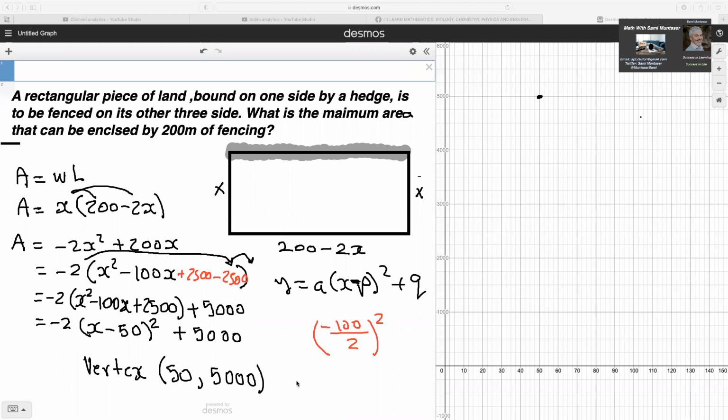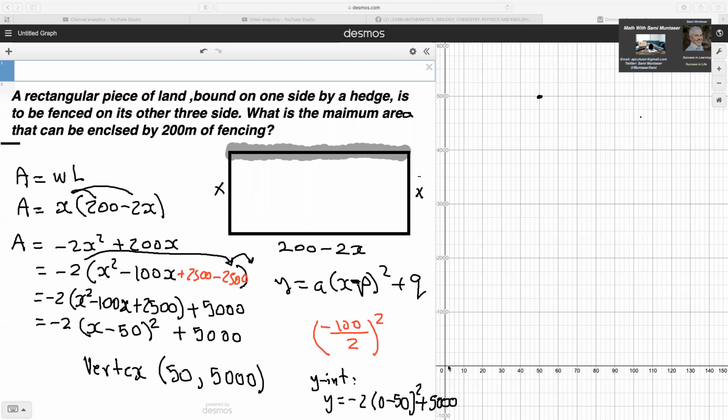Because the a value is negative, this is going to open down. Maybe we should find out what our y-intercept is. Basically, you sub in 0 for x. So negative 50 squared is positive 2,500, and times negative 2 is negative 5,000.